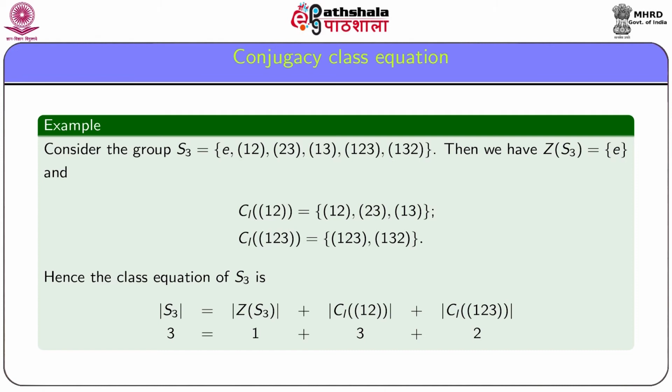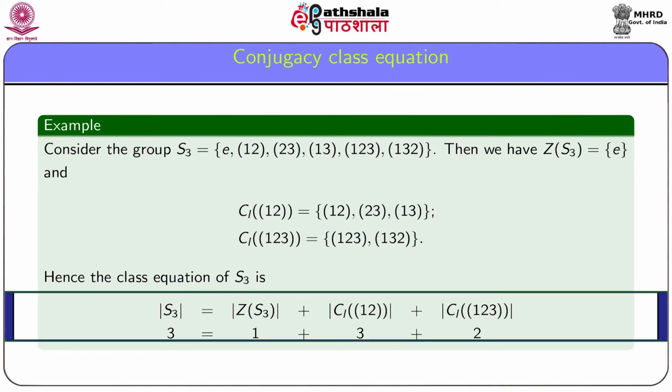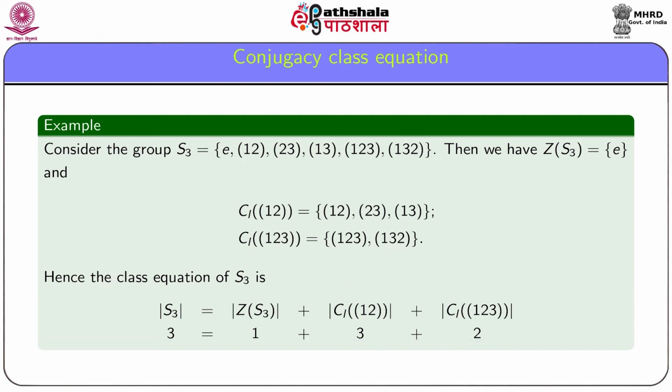Now, we give an example of a conjugacy class equation. Consider the group S3 of all permutations on 3 symbols. Recall that the center of this group, that is Z(S3), contains only the identity element e, the conjugacy class of (1 2) contains 3 elements, and the conjugacy class of (1 2 3) contains 2 elements.